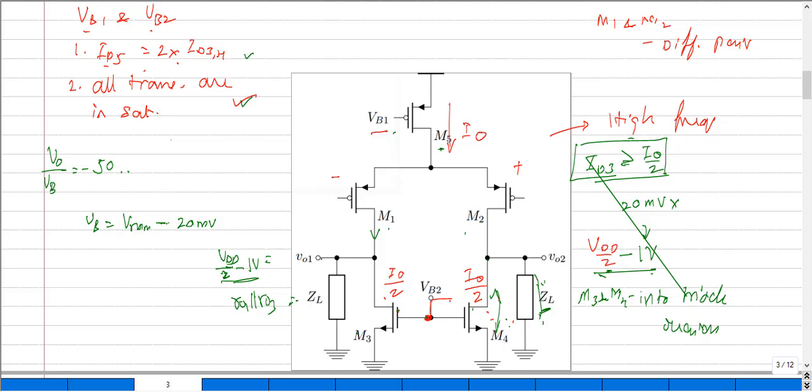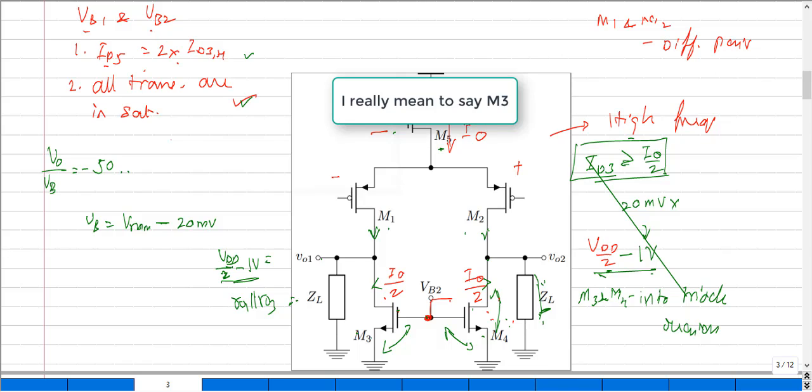Now, just because I've reduced the value of VB2 from its nominal value, this in turn creates a small amount of VGS compared to the nominal VGS that we had, due to which the transistor M3 and M4 will draw a drain current that would be lesser than the value of I0 by 2. And again, there is a mismatch between the current that is coming from the M1 and the current that is flowing inside our M2.